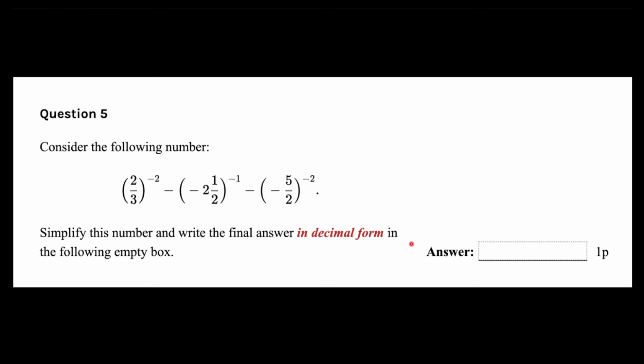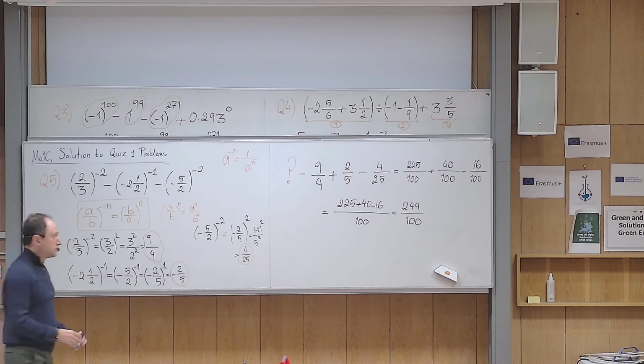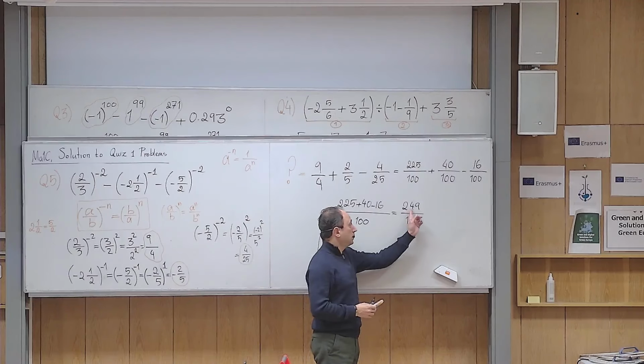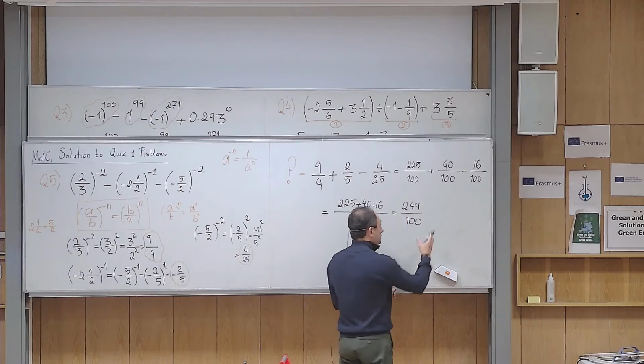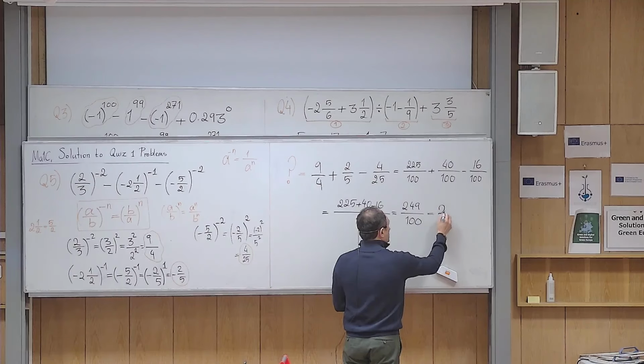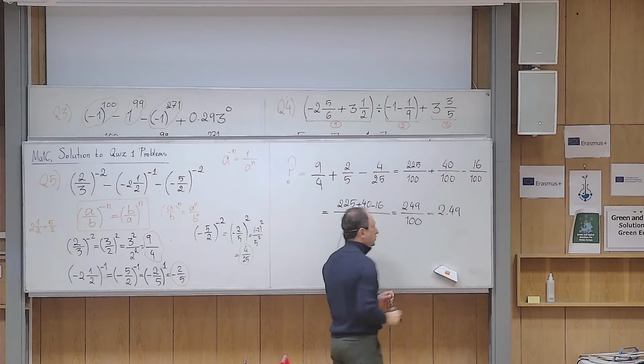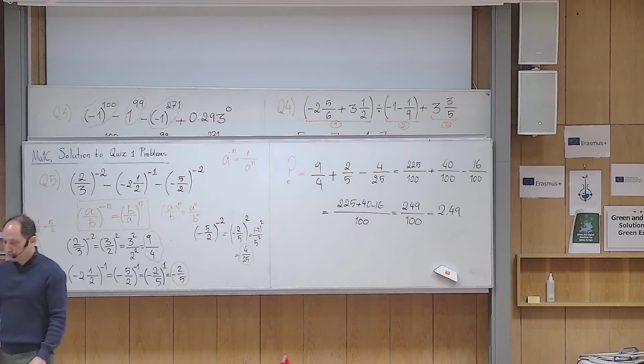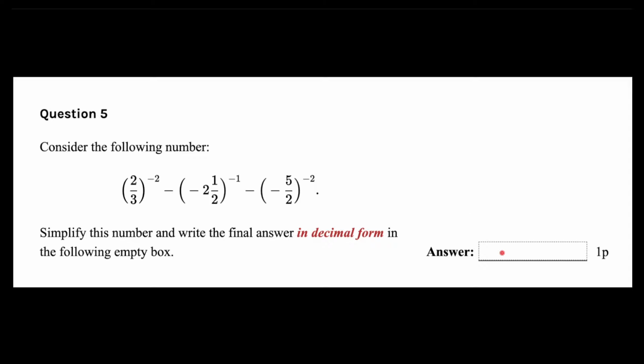Yes? And that is extremely simple. The denominator is 100. 249 divided by 100 in decimal form is 2 comma 49. Or of course, if you are writing it in English, 2.49. Yes. And that is the answer that we have to provide here.